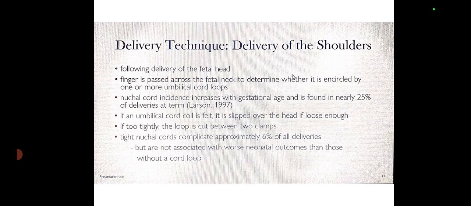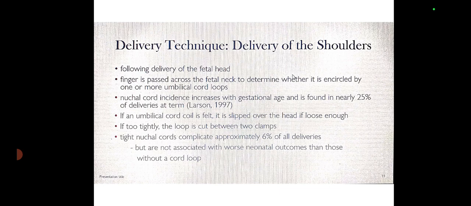While speaking about the delivery technique, the delivery of the shoulders: following delivery of the fetal head, a finger is passed across the fetal neck to determine whether it is encircled by one or more umbilical cord loops. Nuchal cord incidence increases with gestational age and is found in nearly 25% of deliveries at term, as Larson said in 1997.